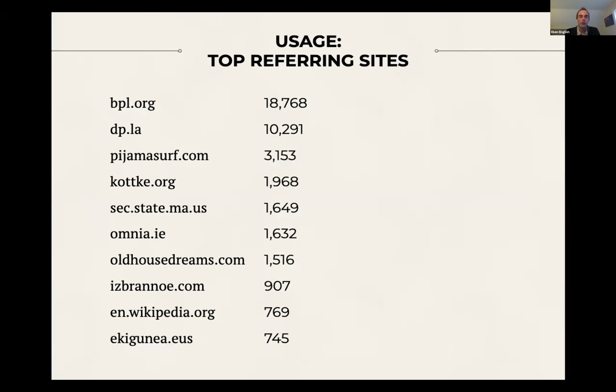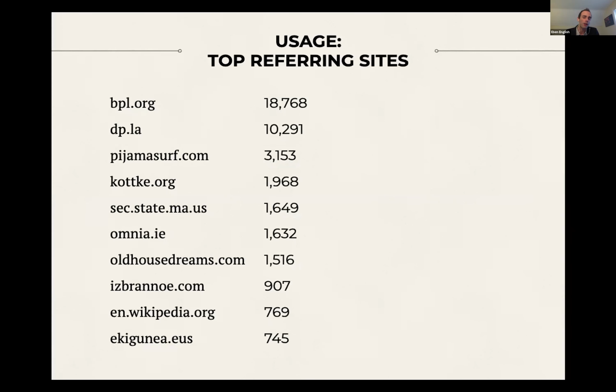In terms of referrals, these are the top referring sites and the number of sessions that were referred from each site. So, again, seeing libraries like bpl.org, DPLA, those are some pretty obvious referrers. There's also some interesting other blogs and content sites. The thing that I'm really excited about in this list is Wikipedia.